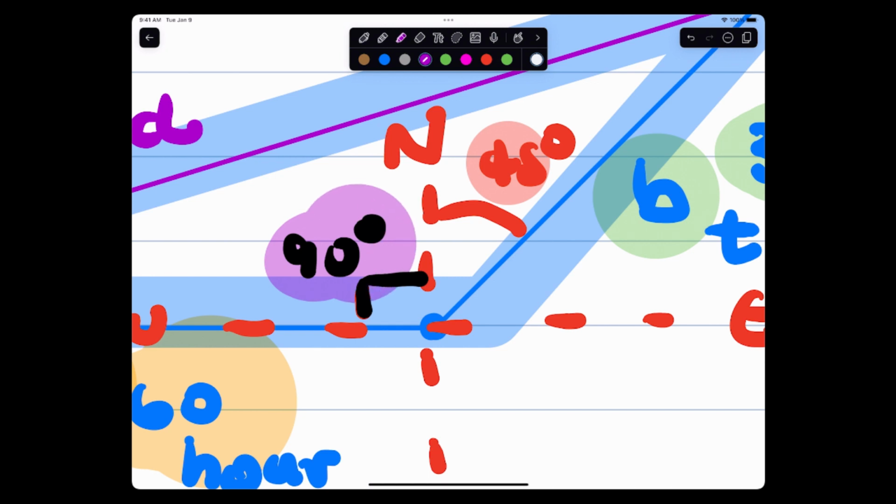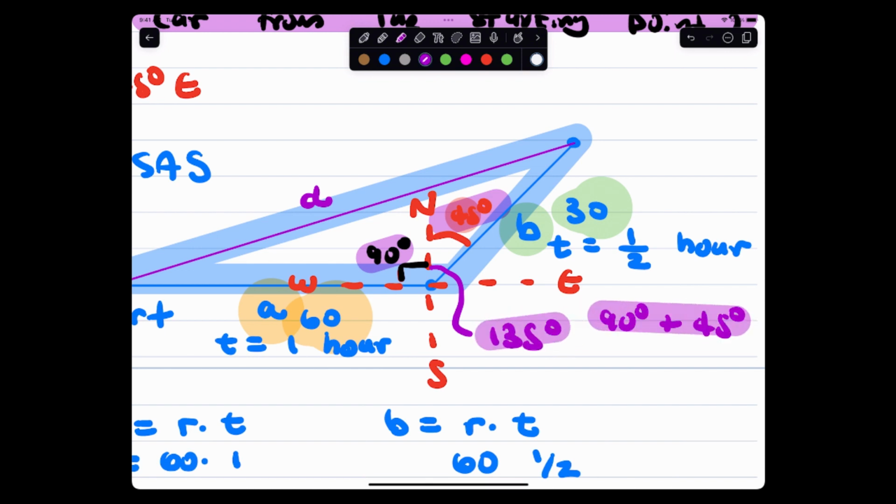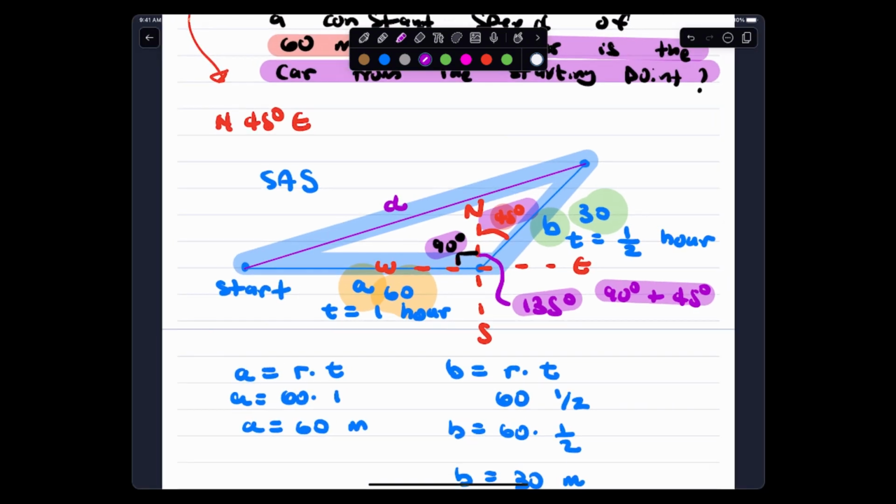The 90-degree angle and adding it with the what? 45. And what do you end up getting? That's how this angle at this vertex is 135. Because we took 90 degrees plus what? 45 degrees. Okay? It's 135 right in there. Easy peasy lemon squeezy.